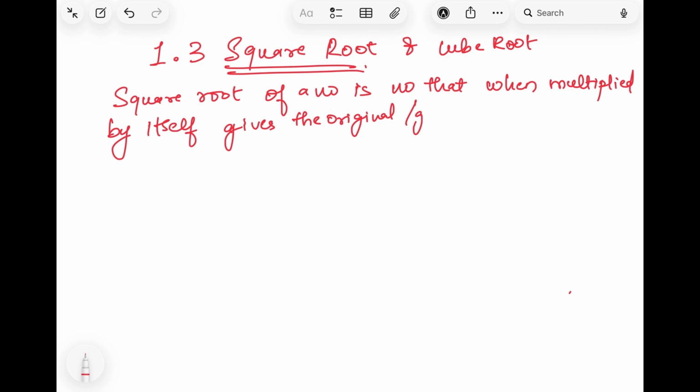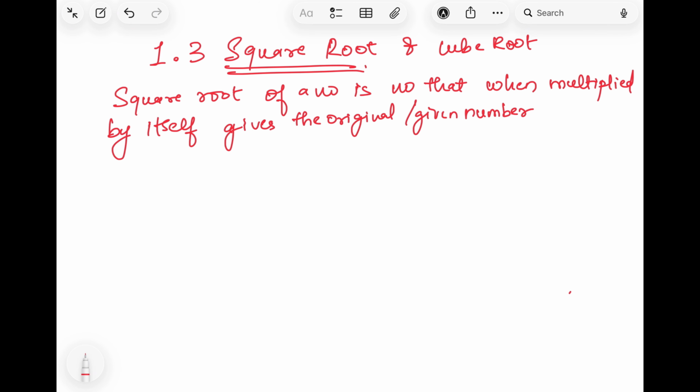So if a number is given, what is the square root of that number they tell us to find? That means the square root which we find is a number which when we multiply 2 times we will get the given or the original number.